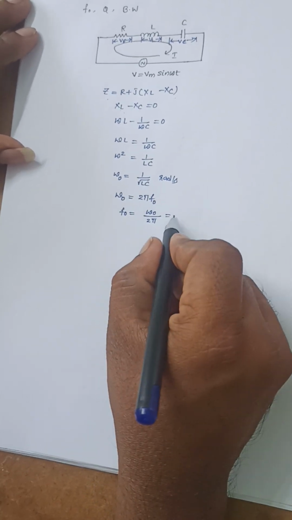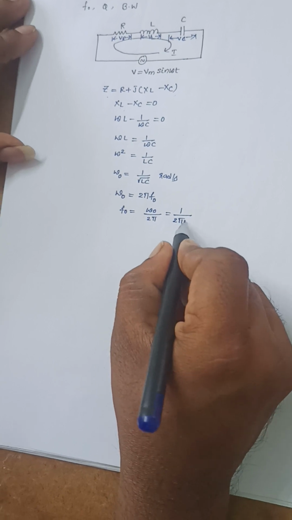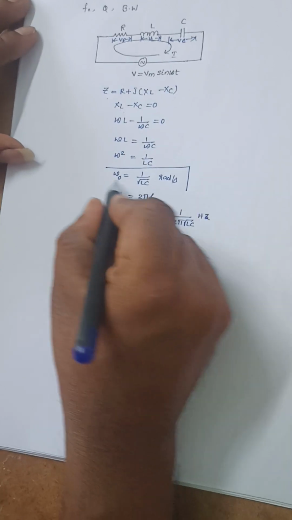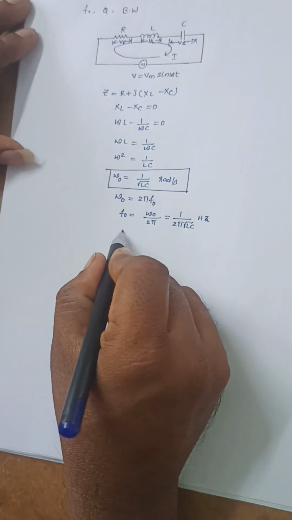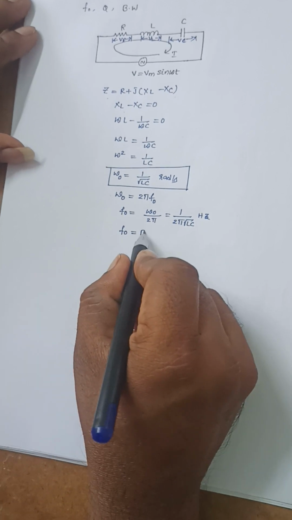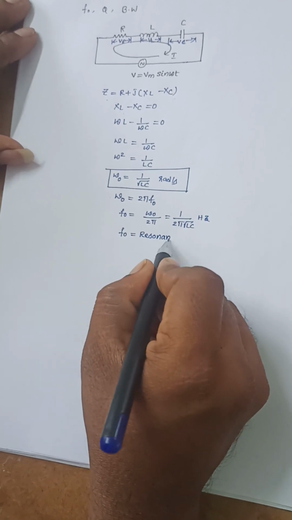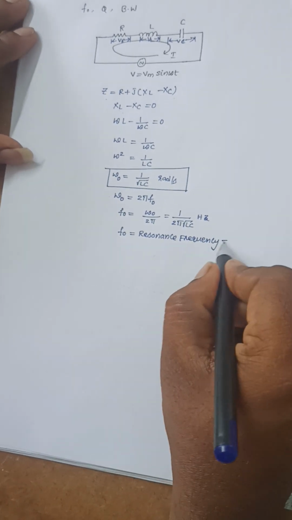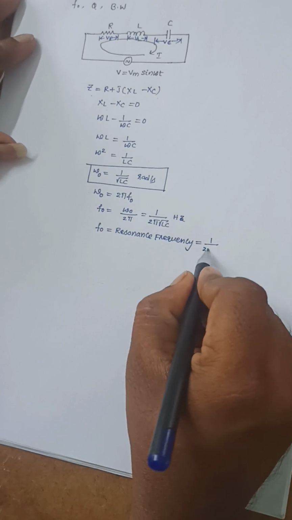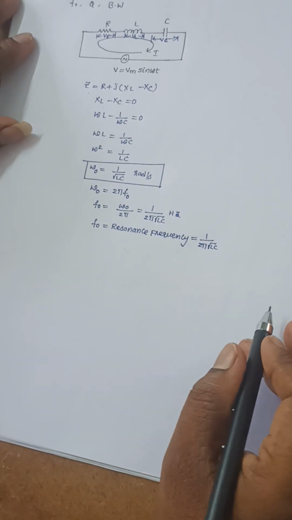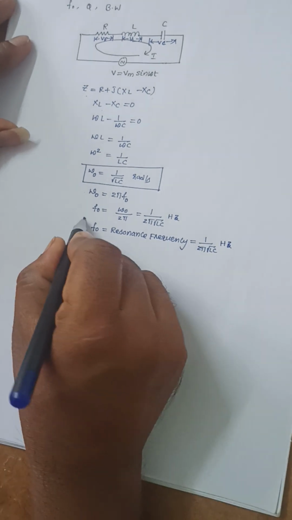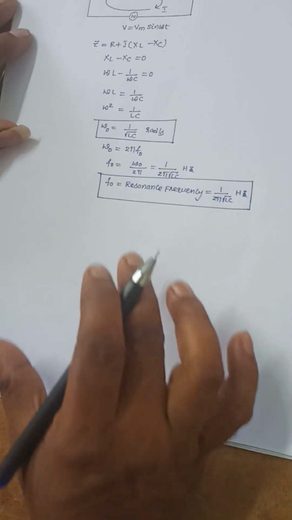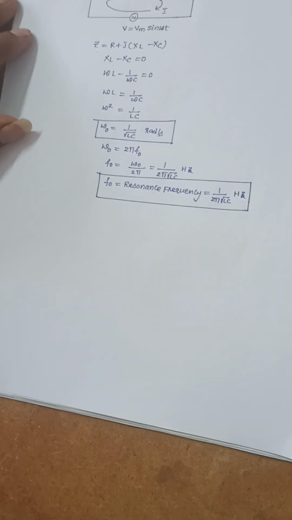Omega naught is 1 by root LC, so combining, f naught = 1 by 2 pi root LC, in hertz. So this is the formula for finding the resonance frequency of a series RLC circuit.